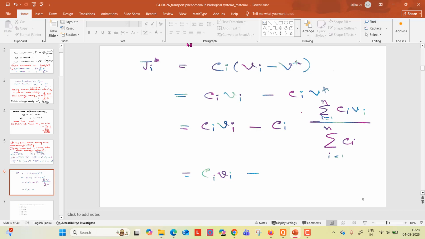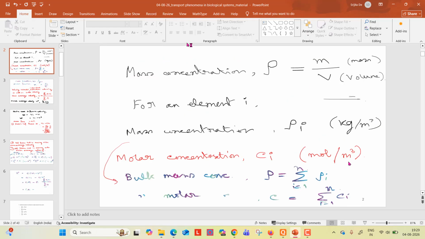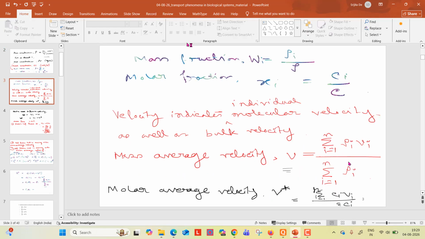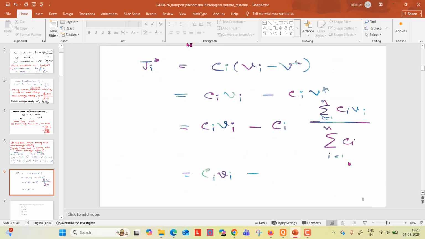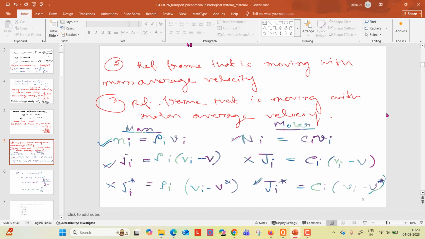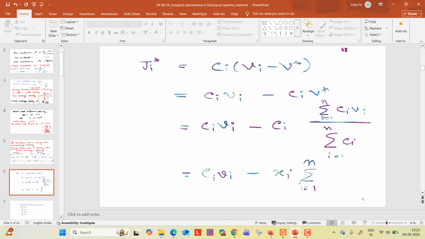It is the elemental concentration and the bulk concentration, which we defined earlier as the molar fraction, Xi, right? So it will be Ci Vi minus Xi into summation from i equals 1 to n. Also, we know that Ci Vi is nothing but your molar flux.